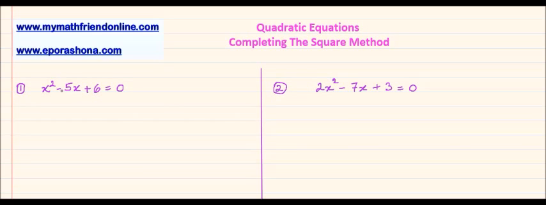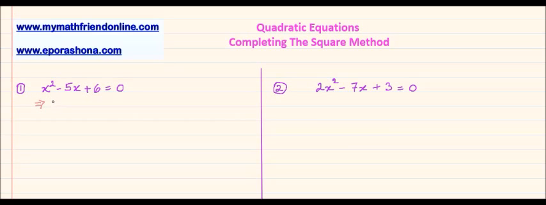If it is a minus, then we will be taking the help of the a minus b whole square identity, and if this is a plus sign, then we will be taking the a plus b whole square identity. Okay. So let's start.